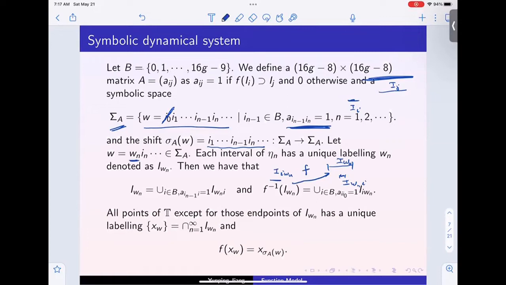So the key point is F acting on x_W. You can give every point an address using the symbolic space, so x_W is the intersection of the I_{W_n}. Now F acting on this I_{W_n} is just like a shift on W. That is the so-called symbolic dynamical system for all the Markov maps which have the same matrix A.